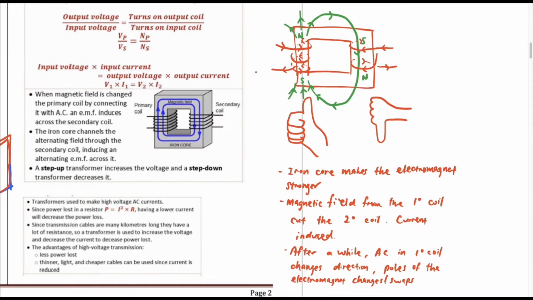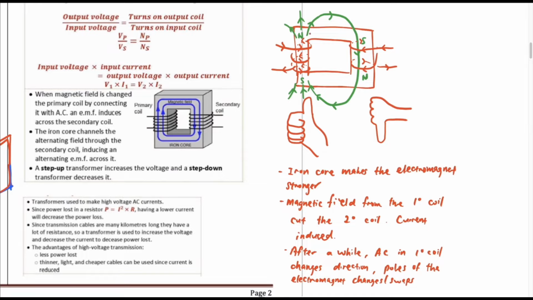Yeah, but you drew a green color like an oval. Yeah, that one. This is the magnetic field. Oh, magnetic field from the iron core, is it? Magnetic field is formed when there is current flowing in the primary coil. So the iron core here will make the magnetic field stronger.